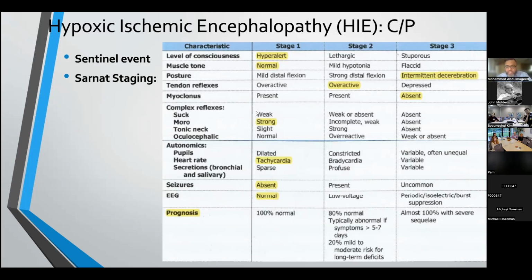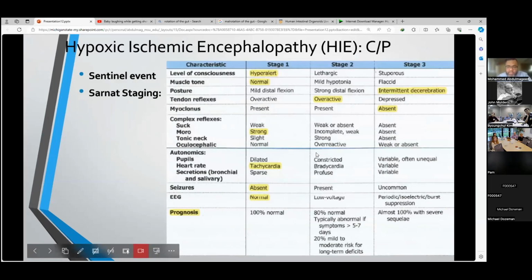For example, the suckling reflex, when you put a finger in the baby's mouth, will be weak, and the baby will have tachycardia and some dilated pupils, but will not have seizures. And usually the EEG is normal. Those babies are blessed that their prognosis is 100% normal. And usually they don't need any treatment, just some observation, like 24-hour observation, then they can go back to the mommy.